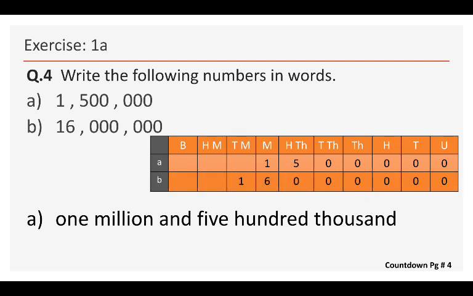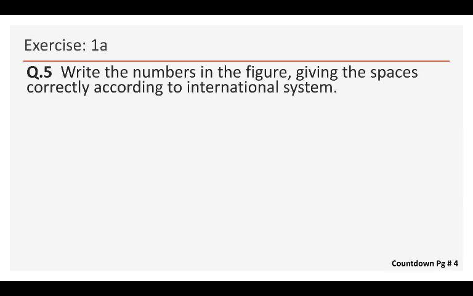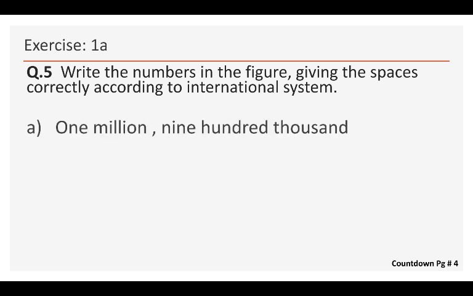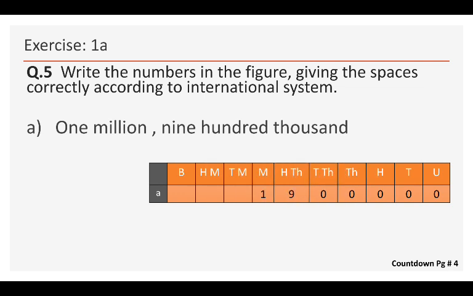We will write that number in the place value chart, and how we are going to write it in words, it becomes 16 million. Comes to question number 5. Write the numbers in figures giving the spaces correctly according to the international system. So part A, 1,900,000.